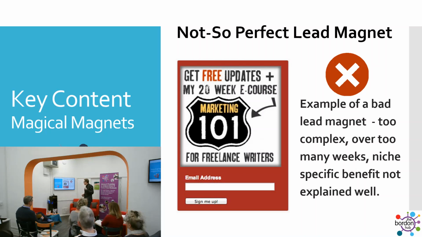It's not specifically niche targeted, so the benefit to that niche is probably unknown to the business that put this together, and it's probably going to be over the heads of who they are targeting because they don't identify with the language and what's being offered. So: get free updates and my 20-week e-course, Marketing 101 for freelance writers.